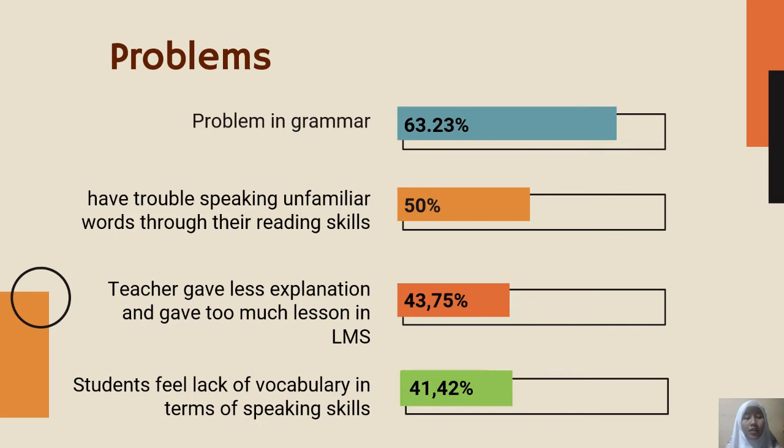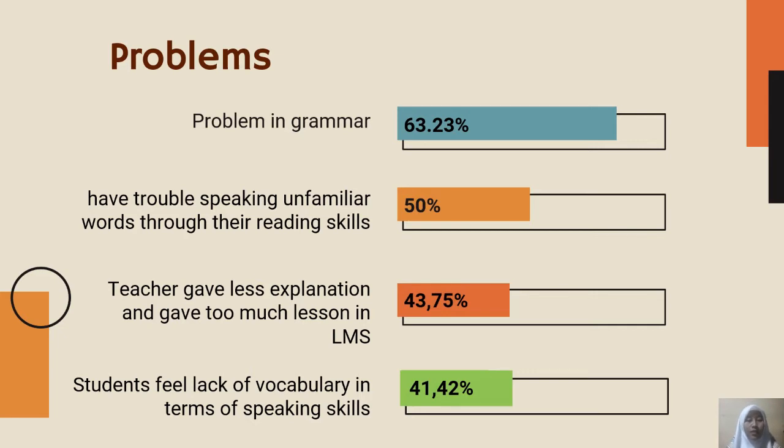And when using LMS, learning management system, the problem is that the teacher gave less explanation and gave too much lesson. Teachers only give many tasks and assignments to students, but only little explanation of them.